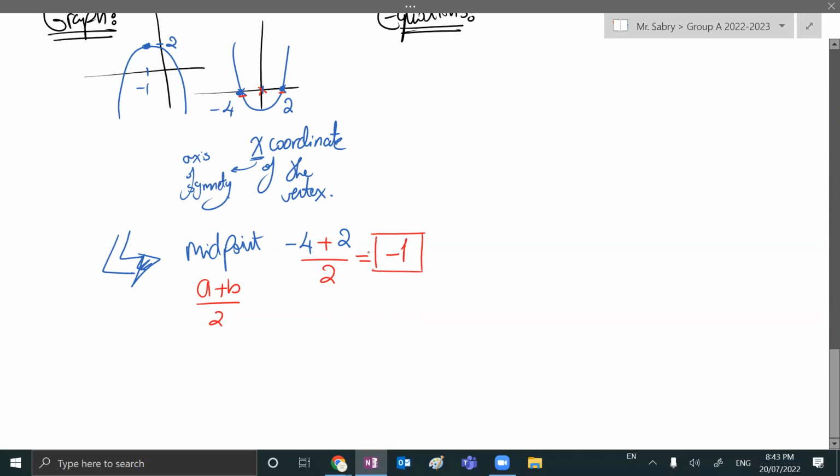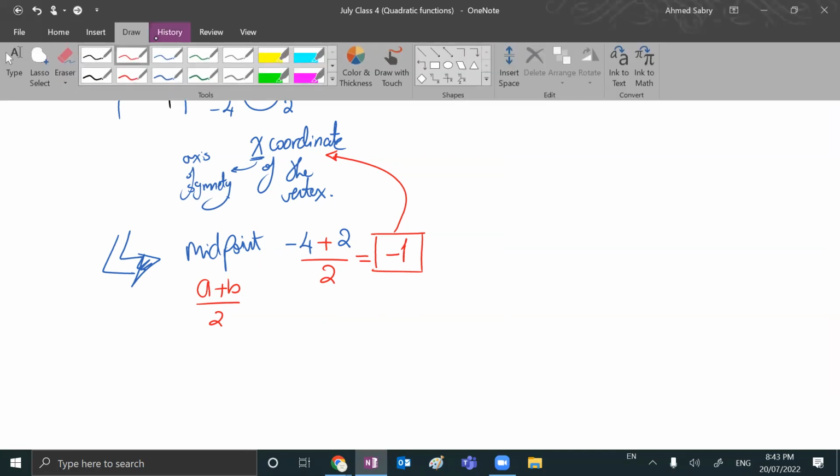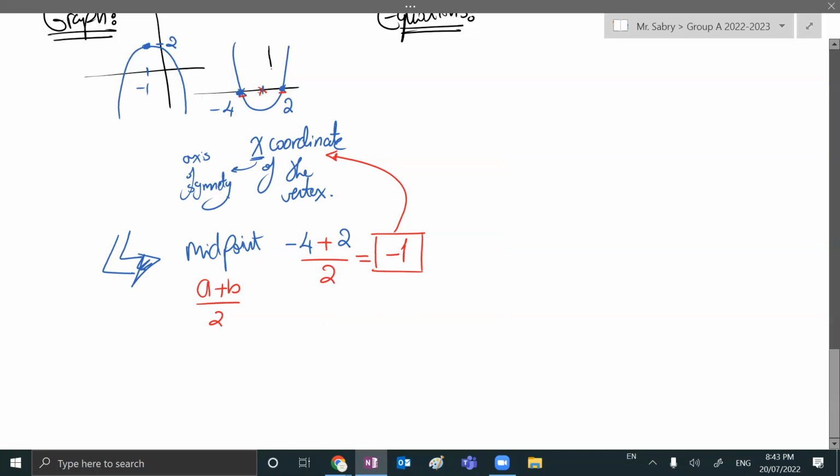This -1, again, is the x coordinate of the vertex. It's this point right here. If the graph is accurate, this is where the y-axis should be, and that should be exactly where the x coordinate exists. Does this make sense, Jad, a little bit, or not?